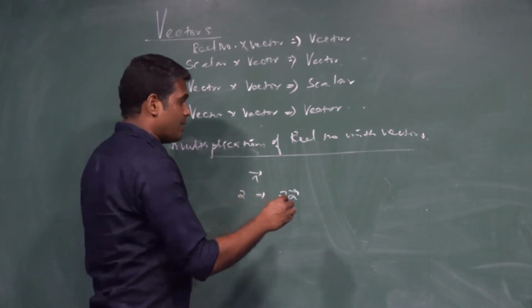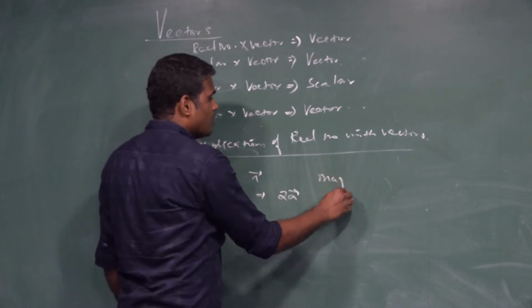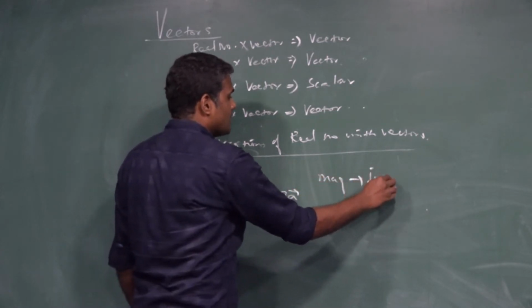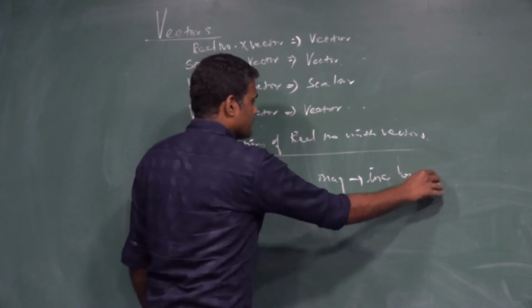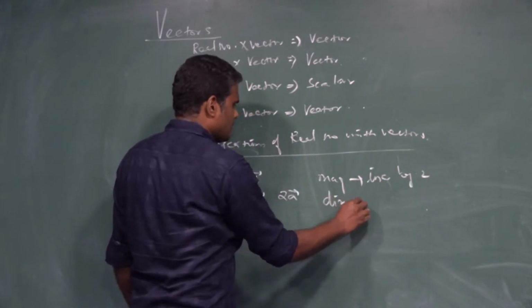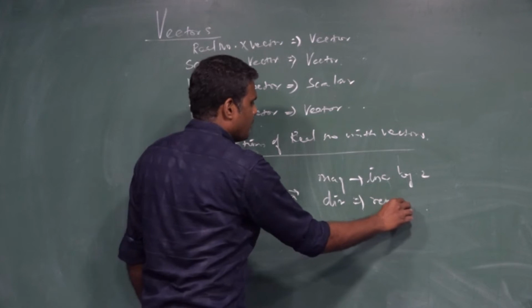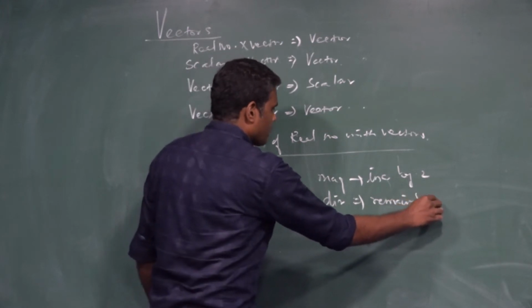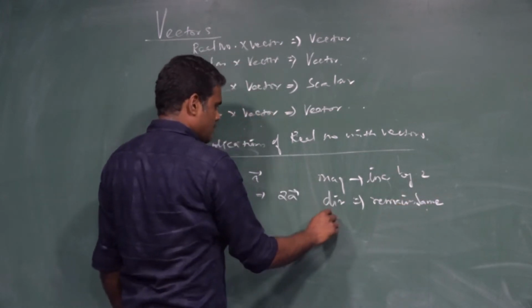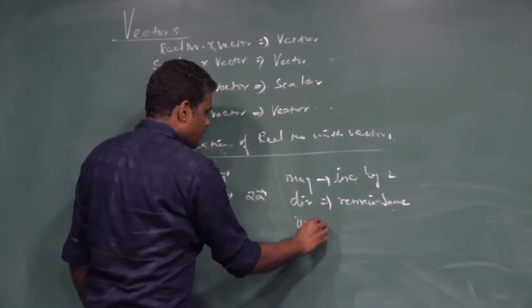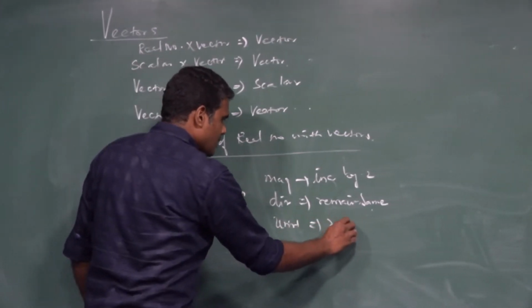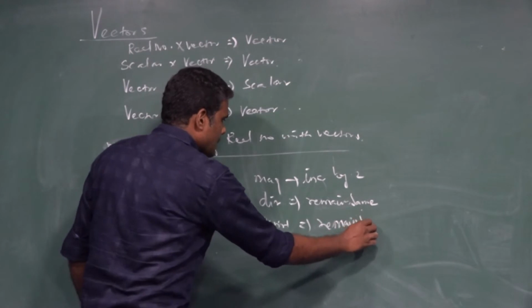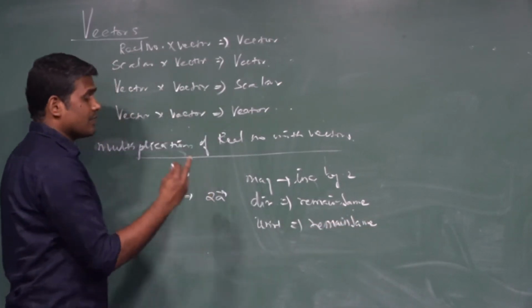What has happened is that the magnitude of the vector increased by 2 times, but the direction of the vector remains the same, and the unit of the vector remains the same.